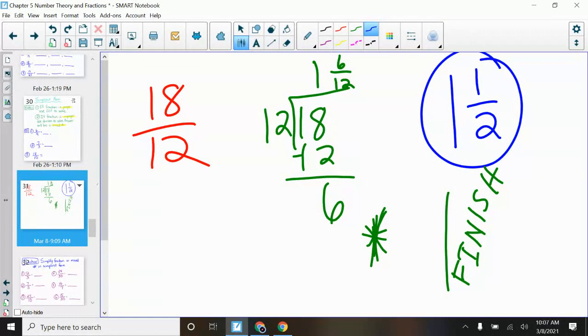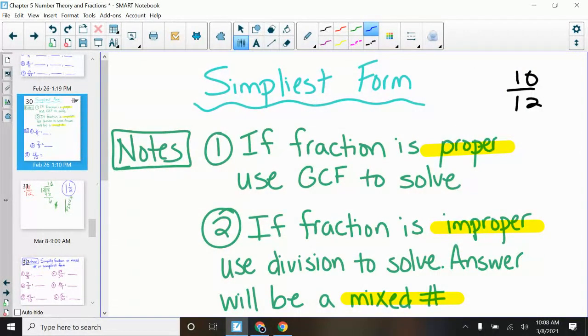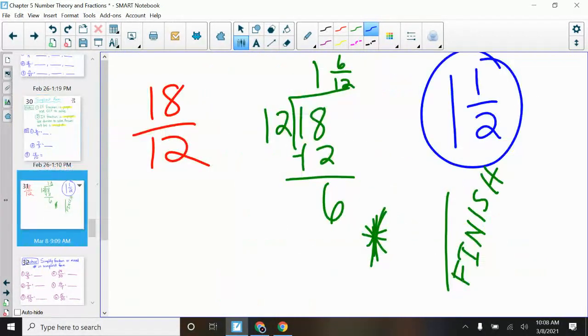6 and 12 have a number that they have in common. So now we have to go back to what we learned in the first part, which is how to simplify a proper fraction. Because 6 and 12, that's a proper fraction, isn't it? So what's the greatest number that 6 and 12 have in common? Some of you said a 2. Well, yeah, it does have a 2, but it's not the biggest one that they have in common.